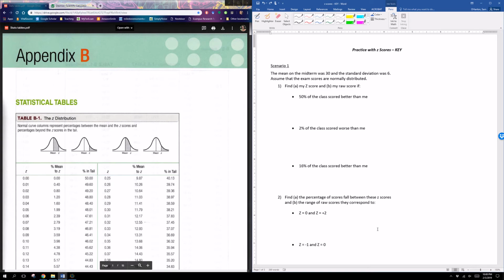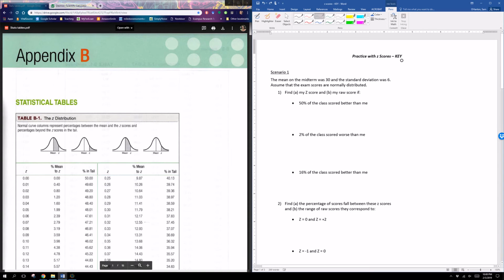Okay, so I'm going to start by drawing a distribution. It doesn't have to be pretty, right? It's just to help you keep track of all the pieces.